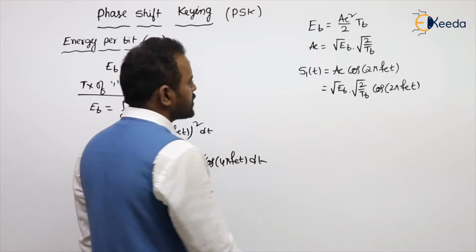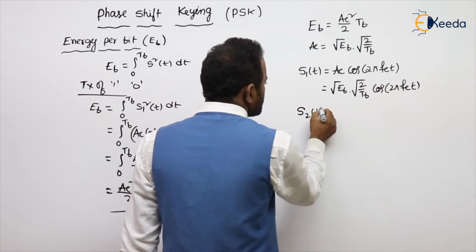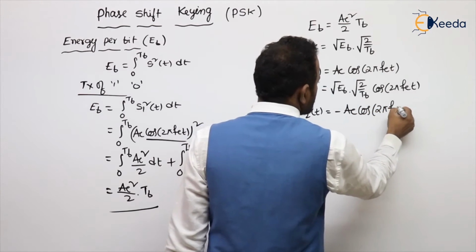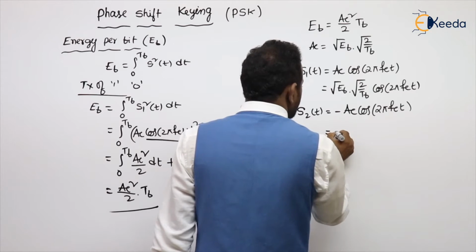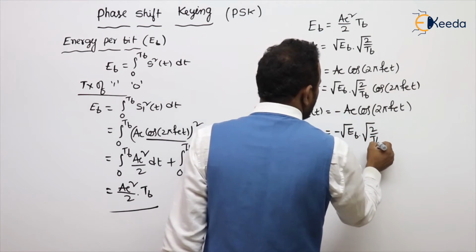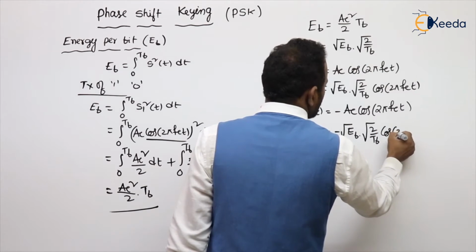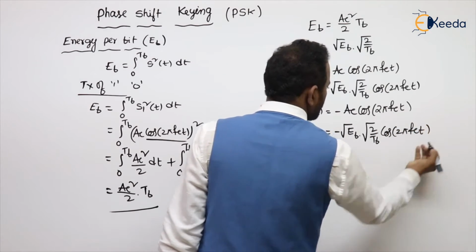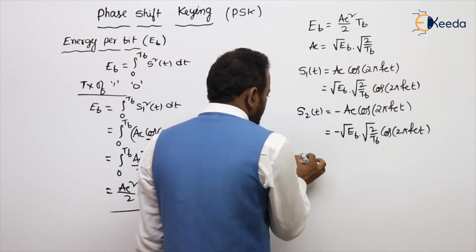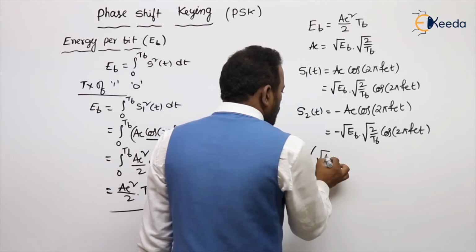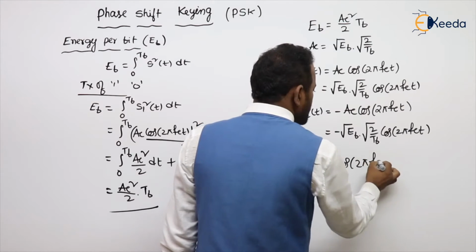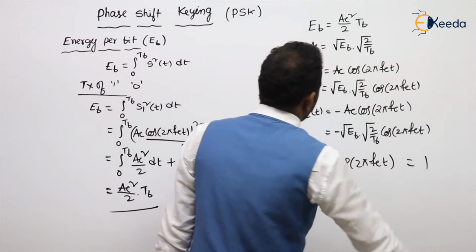In a similar manner, what is S2? S2 of t is nothing but a 180 degree phase shift, that is minus Ac cos 2 pi fct, which is nothing but minus root Eb into root 2 by Tb into cos 2 pi fct. I showed previously that the energy of root 2 by Tb into cos 2 pi fct is 1.